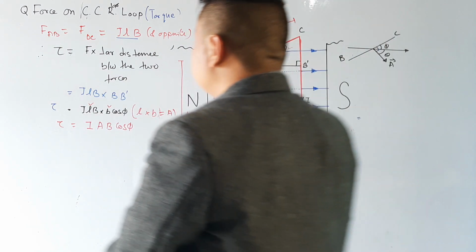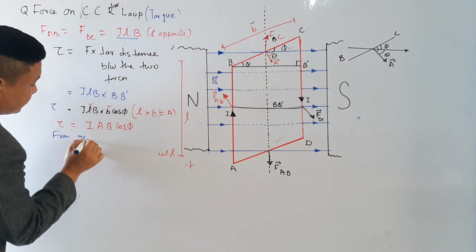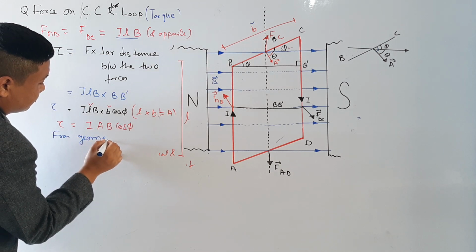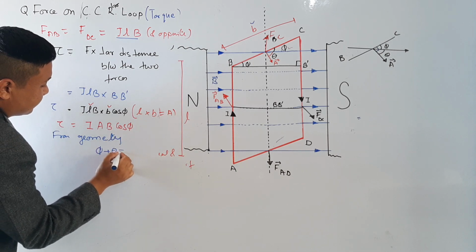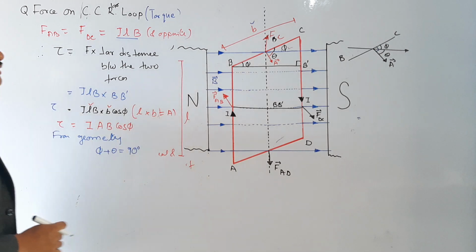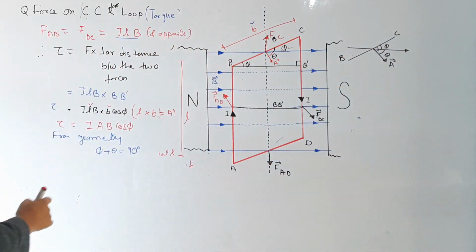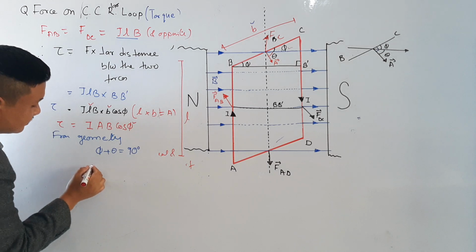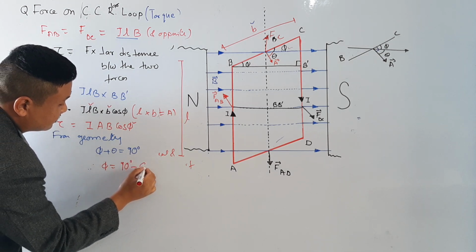So from geometry, what can I write? Phi plus theta is equal to 90 degree, and I want to find phi. Therefore, this phi will be equal to 90 degree minus theta.